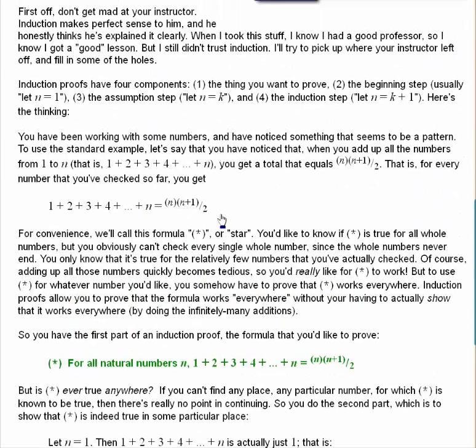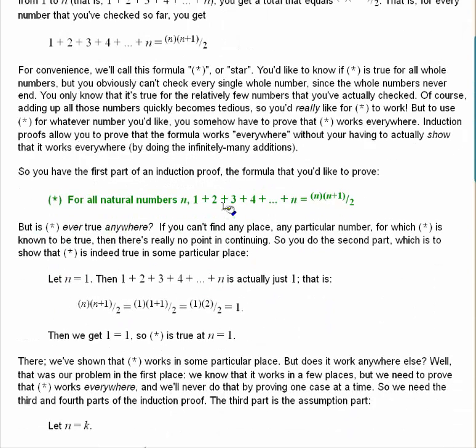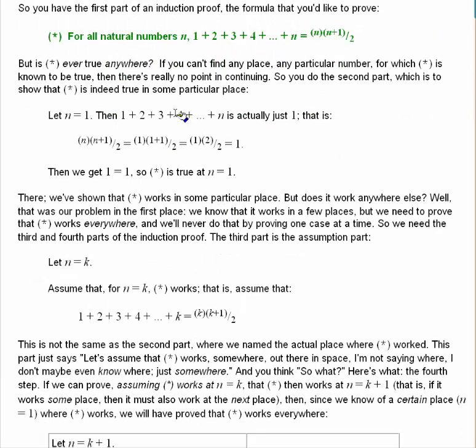Third step is the assumption step. All right, now here's where it gets a little bit tricky. We want to prove this for all n, and we've shown it works for a specific n equal 1. We're going to assume that it works for n equal to k. Right?